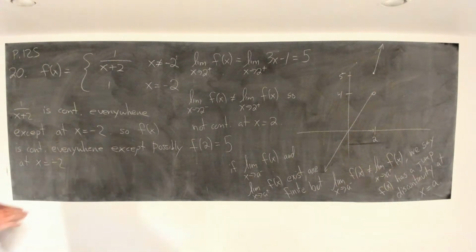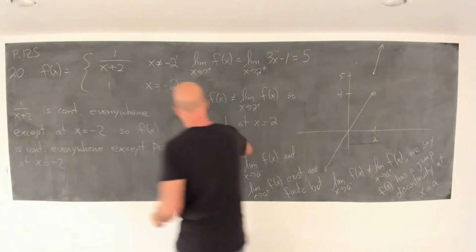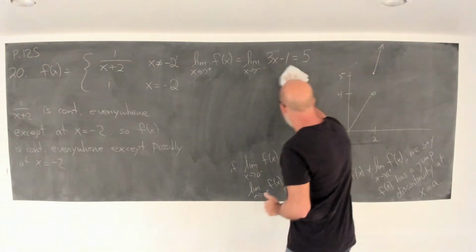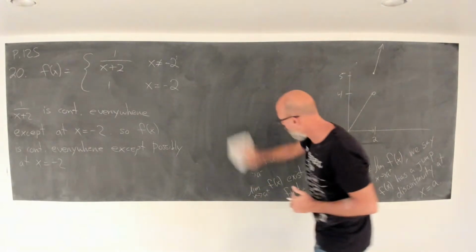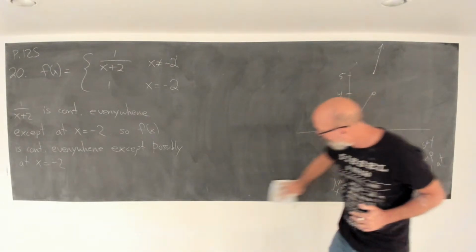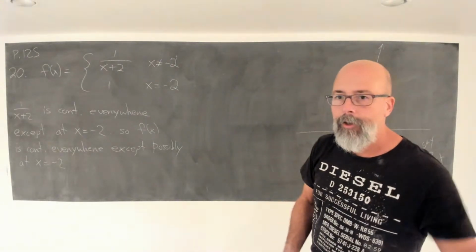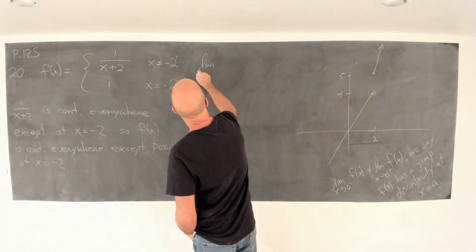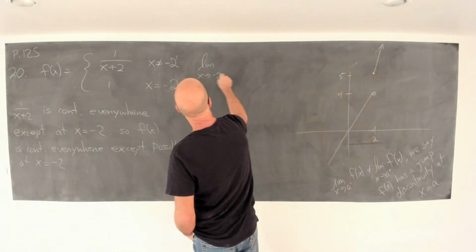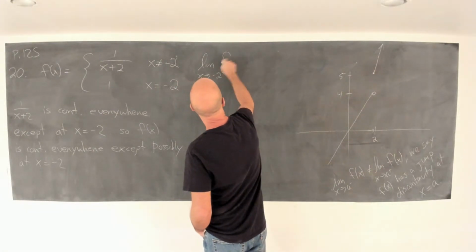So let's worry about that now. What is happening at -2? Take the limit as x goes to -2 from the left.